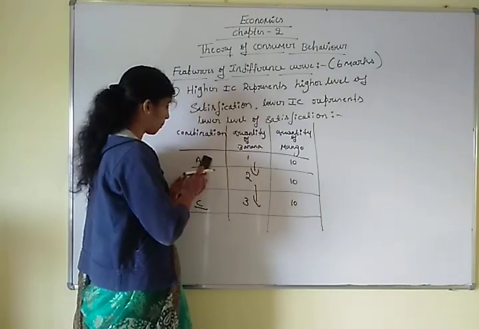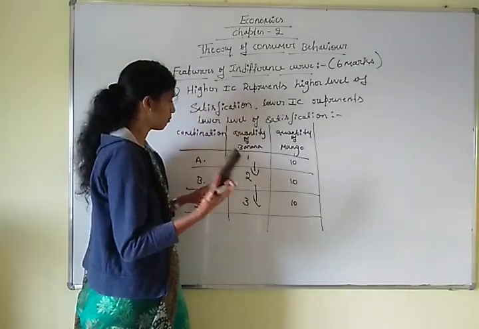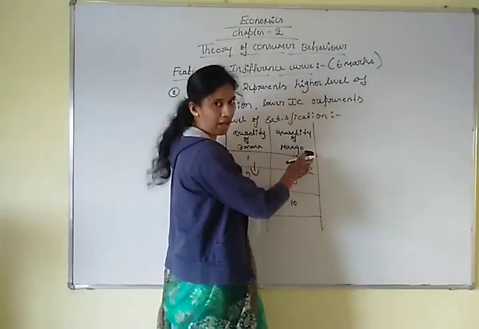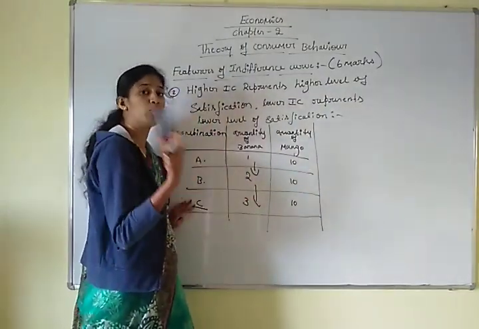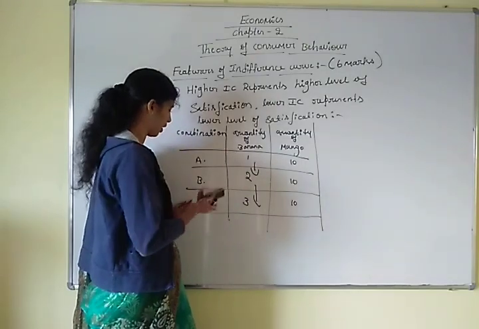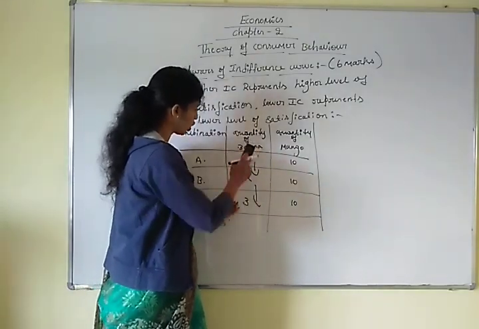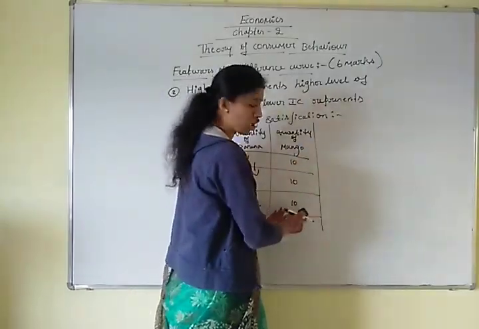Compared to combination A, combination B is the higher level of satisfaction because it has more bananas and same quantity of mangoes. And combination C gives more level of satisfaction compared to combination B and A because it has more quantity of bananas and same quantity of mangoes.